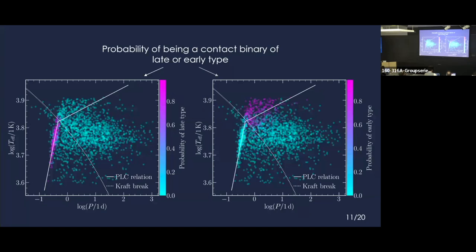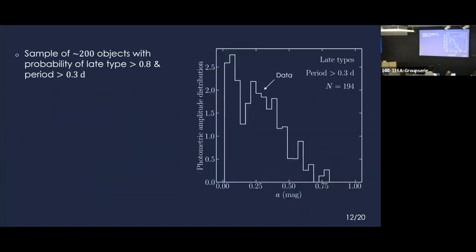The difference being, in simplified terms, that late type contact binaries typically have shorter periods and are colder, and early types are hotter and have longer periods. This way, we obtain a sample of about 200 objects with probability of being a late type contact binary higher than 80%, with periods longer than 0.3 days.